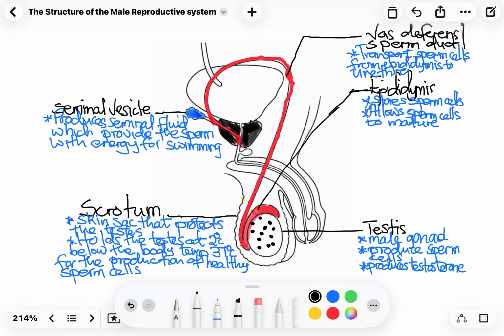I'm going to label it this way, and let's make it a bit smaller. Our prostate gland.